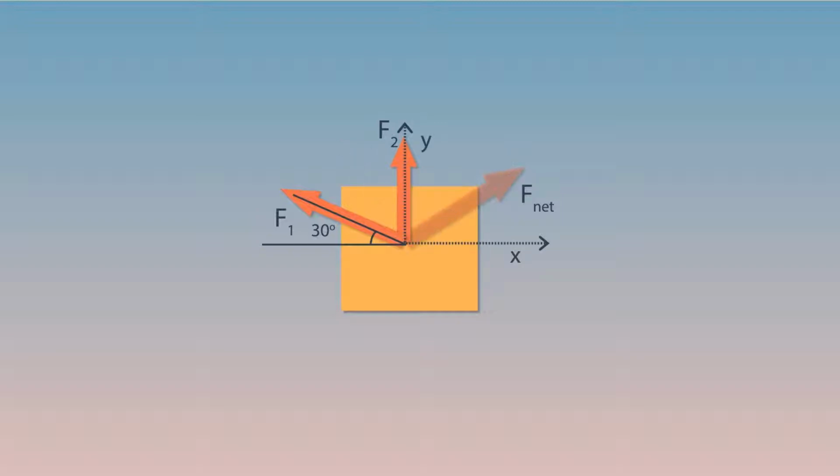And in the previous configuration, we had to resolve two vectors for our analysis, F net and F1. So in this case, there is no specific advantage of using this axis over the first one. But there will be cases when it becomes helpful to choose an axis oriented in a particular direction. We will deal with them as we solve more problems.